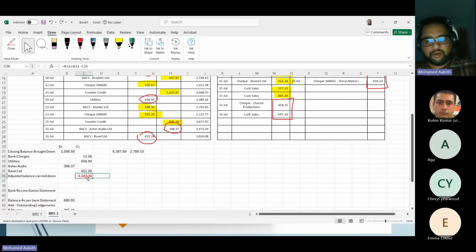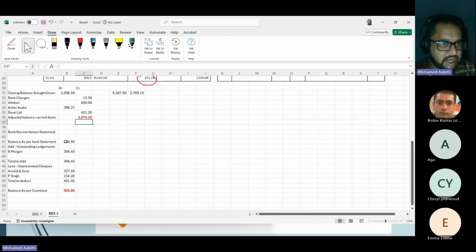Okay, let's do that properly. Is equal to that plus that minus that minus that minus that. So it gives me 2,874 pounds 18 pence. This is the number I expect to see in my bank reconciliation statement later on.